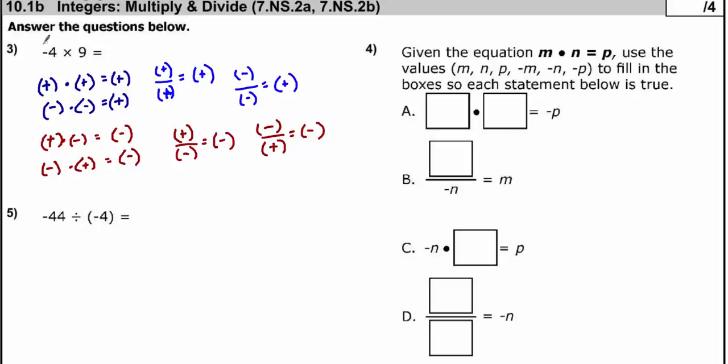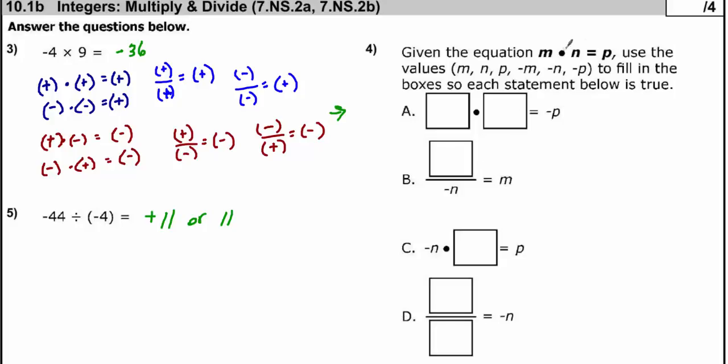For this answer, we have a negative times a positive, so we know we're going to have a negative answer. 4 times 9 is 36. Down here, we have a negative divided by a negative. It's going to be a positive answer. 44 divided by 4 is 11. You can show it that way, or you could just show it as 11. Those same rules are going to apply to all 4 of these problems.